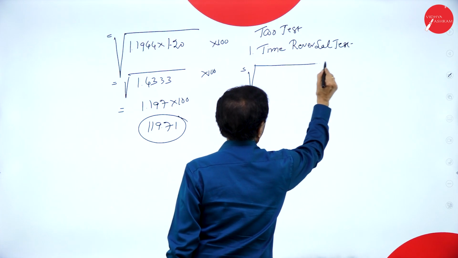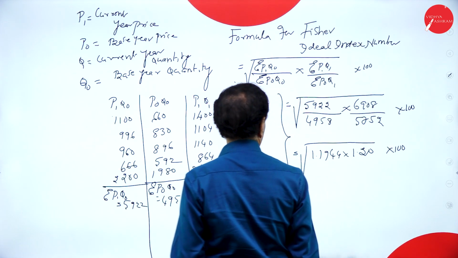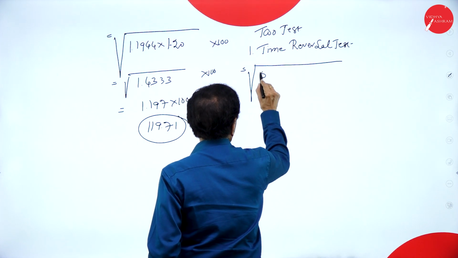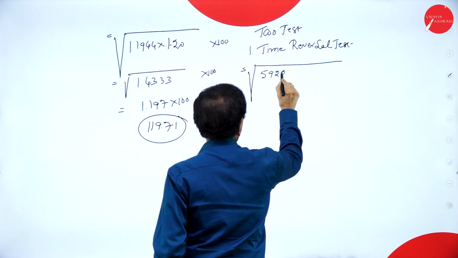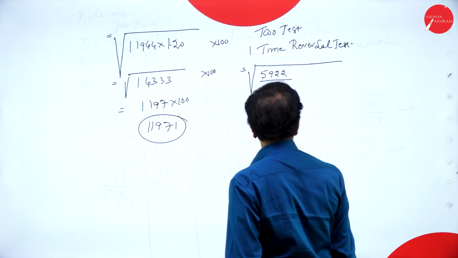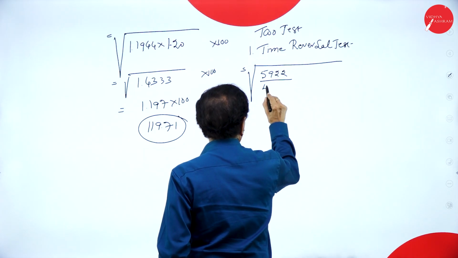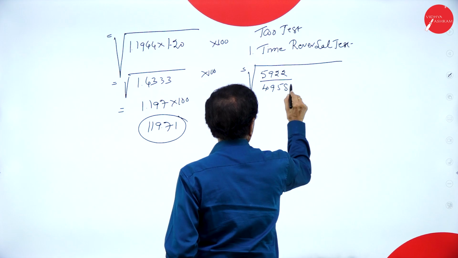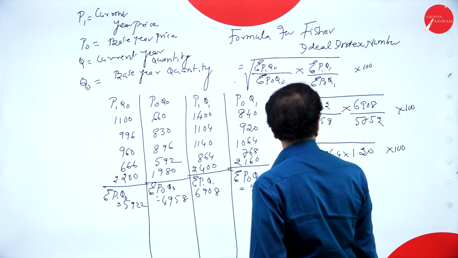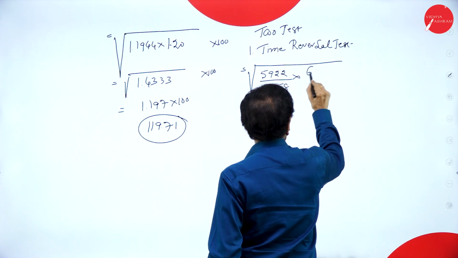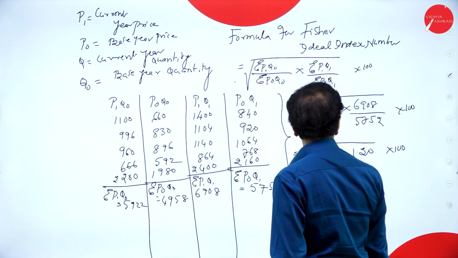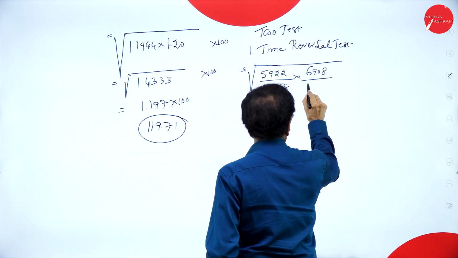Root of the numbers you got: 5922 divided by 4958, into the second one, 6908 divided by 5752.